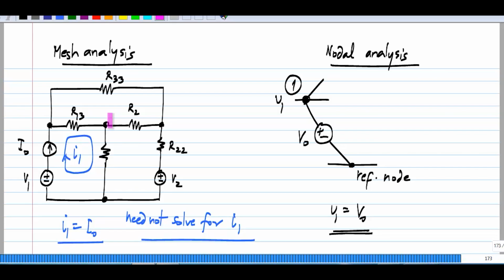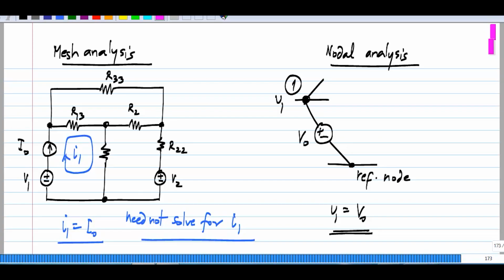Now in nodal analysis, when you have an independent voltage source, you have to form a super node by combining two nodes. In case of mesh analysis, you have to form a super mesh by combining two meshes. Now I said two, but that depends on how the voltage sources are connected. You know that in some cases, if you have a chain of voltage sources in nodal analysis, you may have to combine more than two nodes into a super node.